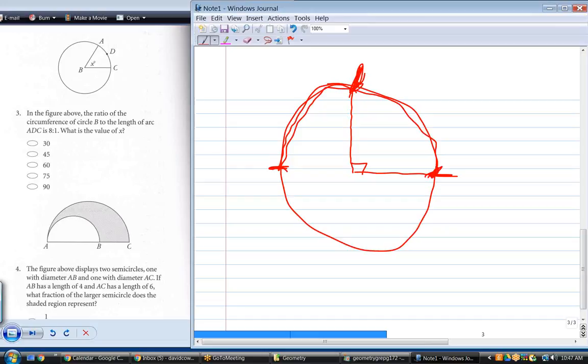1/4. Yes. Okay. How many degrees is it to go all the way around the circle? 360. And how many is this? This is 90. So we get that by dividing whatever the angle is by 360. And that's how we know it's 1/4.